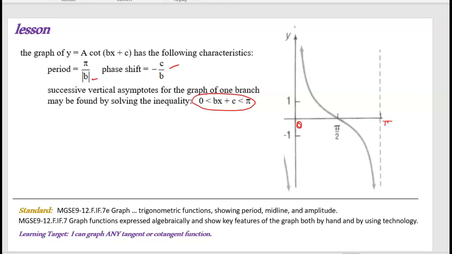We're going to have a vertical asymptote at x equals 0, and a vertical asymptote at x equals pi, and then we're going to graph 1, boom, 2, boom, 3. Sketch our one branch of our curve decreasing. Okay, very similar to tangent, but decreasing instead of increasing.